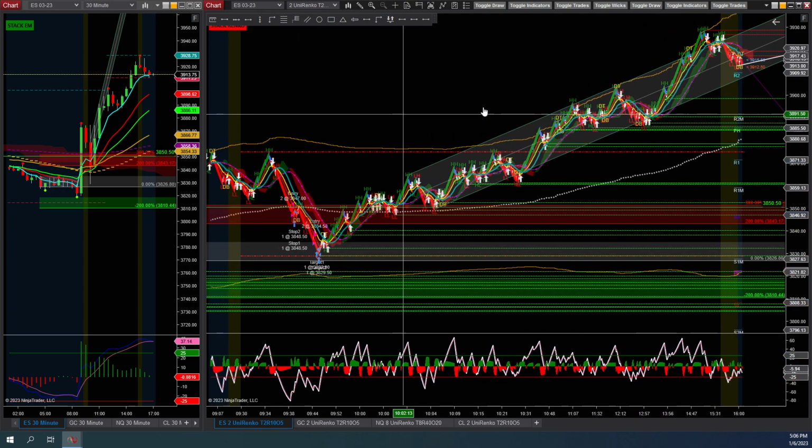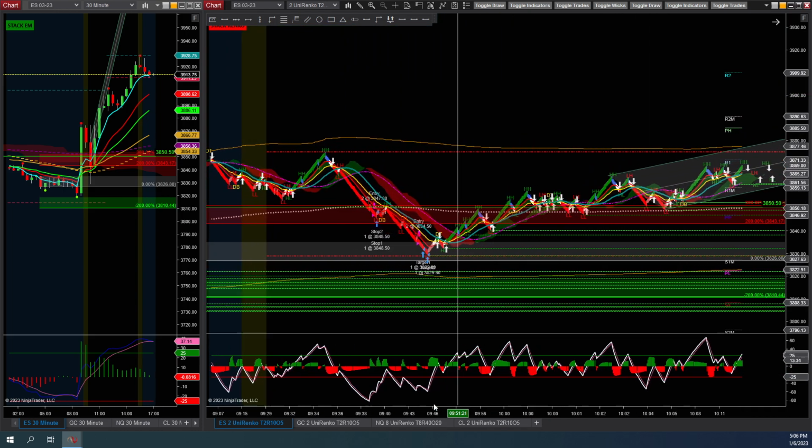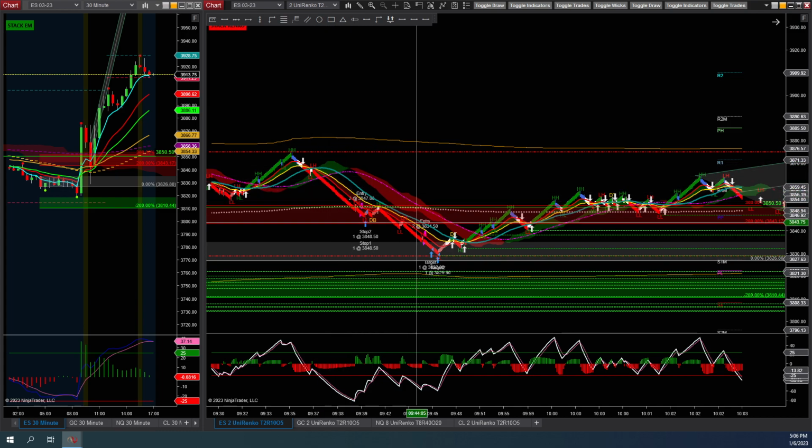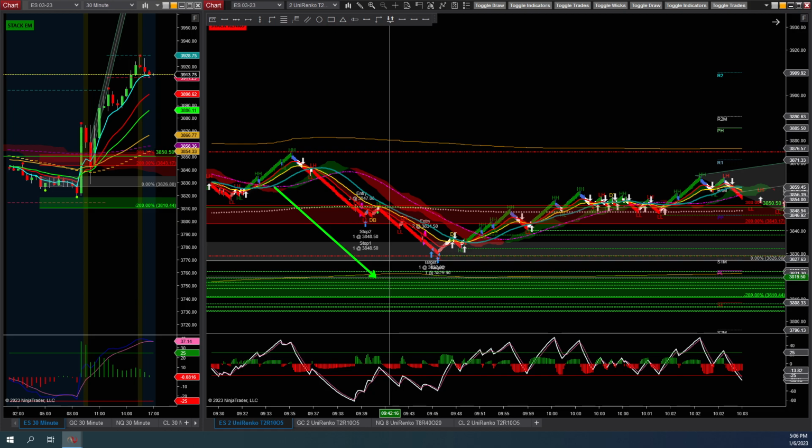In this case, in here, I was trading in the direction of the move, so you see it's moving to the downside right here, but the entries were not ideal. So only $225 in ES.